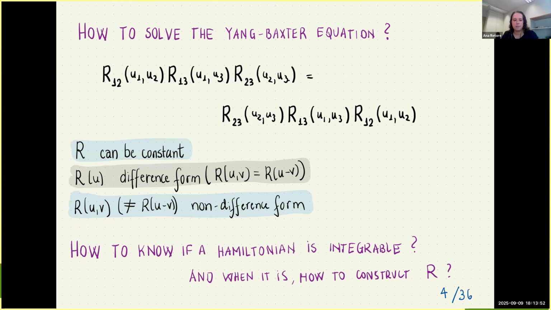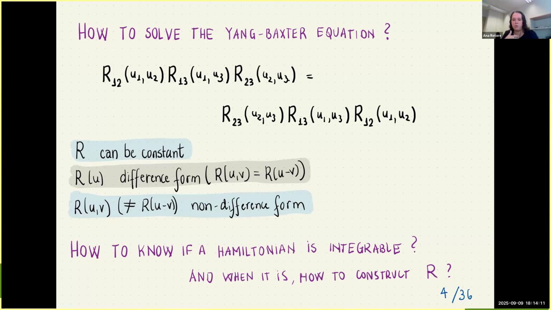And this last type is much harder to construct, unless you assume a certain symmetry, or certain quantum group symmetry that you expect. In general, this last type is very hard to construct.